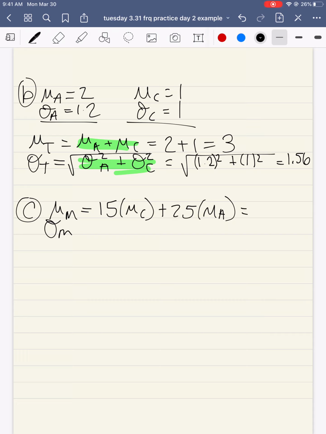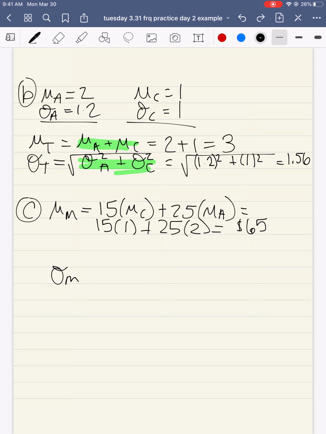So this is going to be equal to 15 times 1 plus 25 times 2. That's going to give us an average of $65. So that's saying on average we're going to spend $65 for our 3 tickets here.